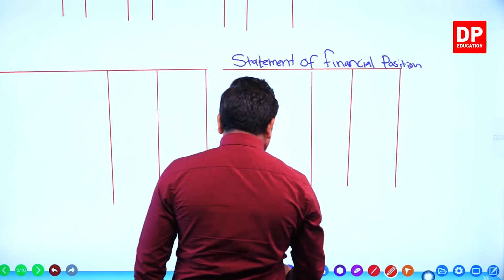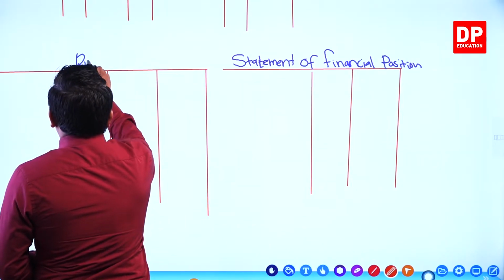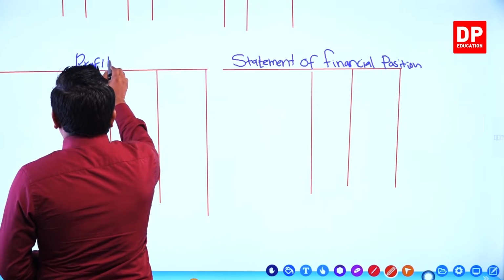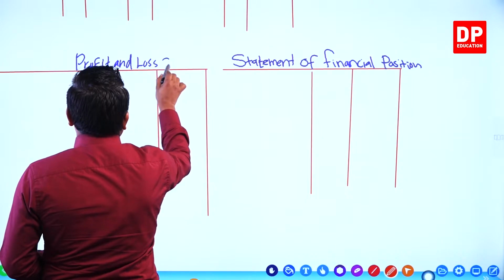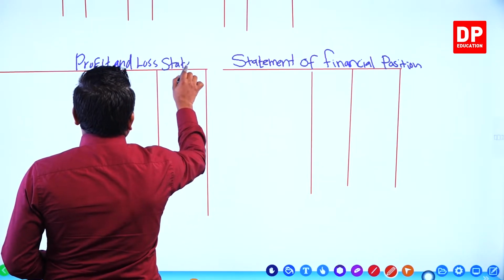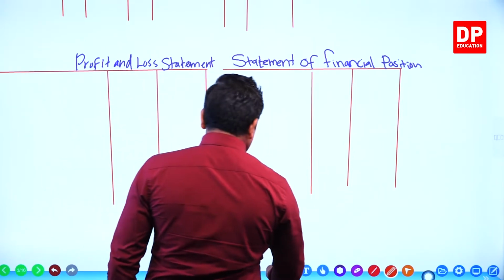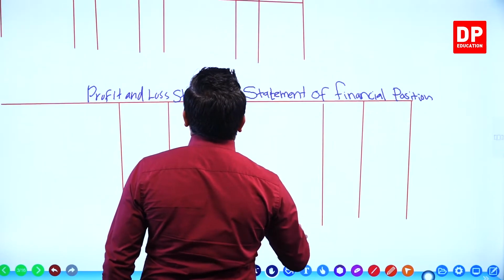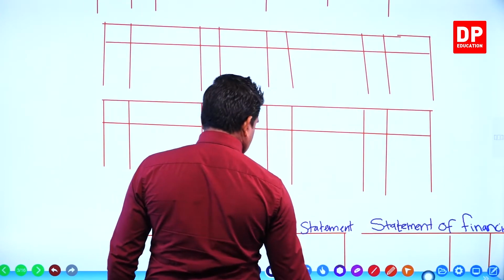Then this is the profit and loss statement. Then here two ledger accounts.